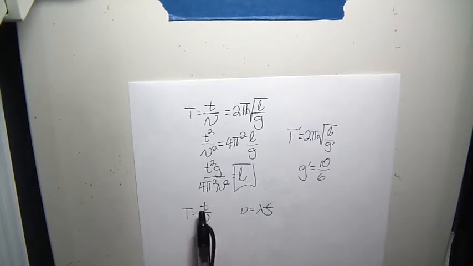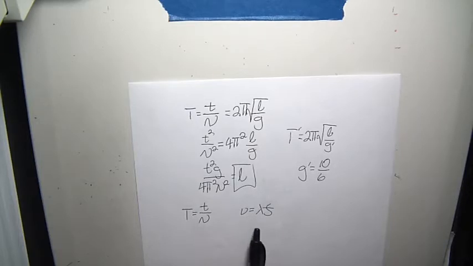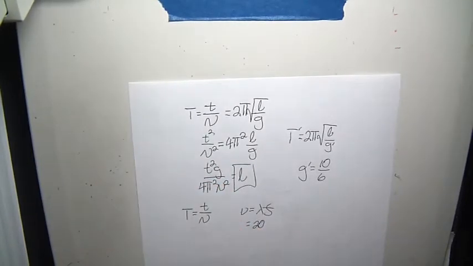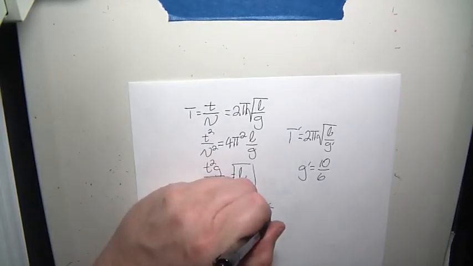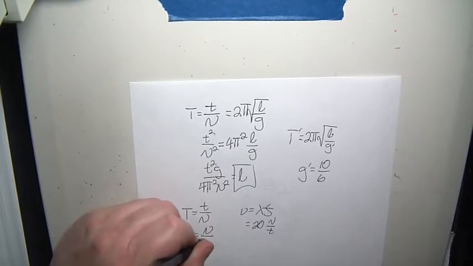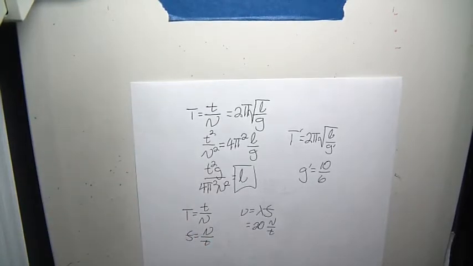So the period of the wave, you just take little t and divide by big N. The velocity of the wave, you just take lambda, which is 20, and frequency, which is big N over little t, because F is the inverse of period. And then you get that. So that's number 8.